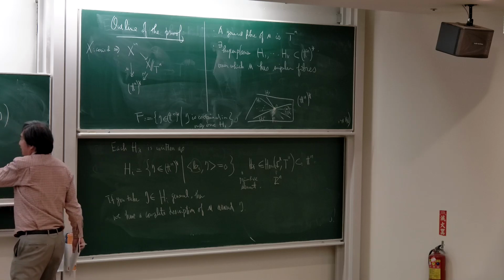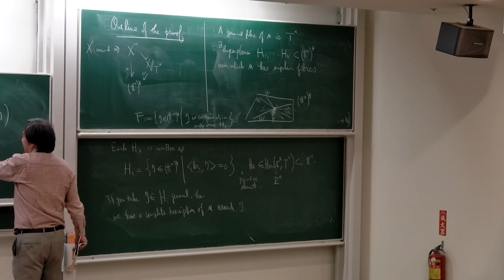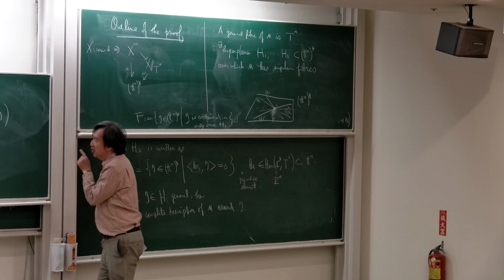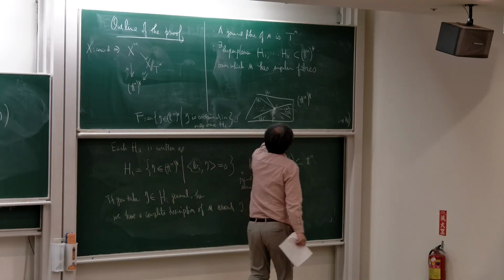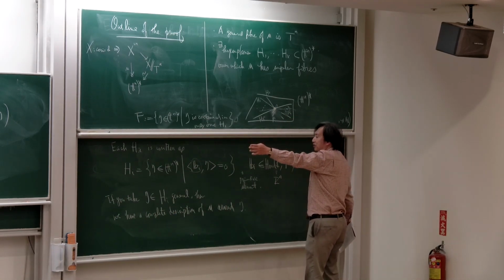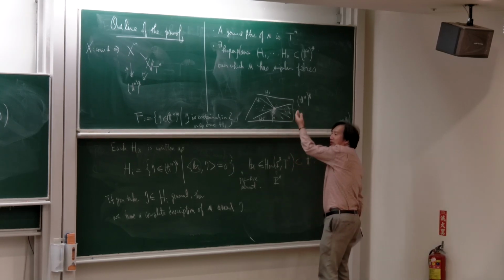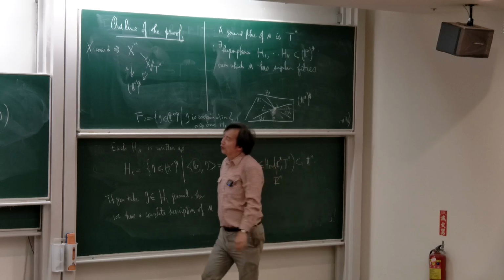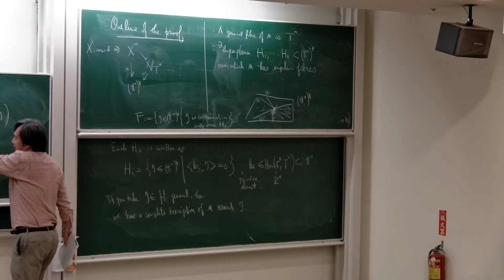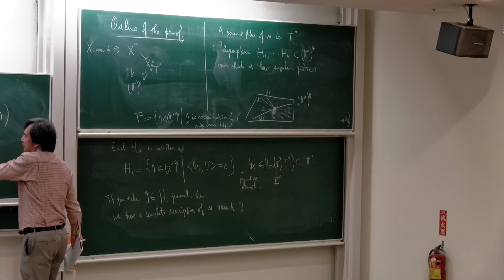So the discriminant locus is the same. One can check that. And moreover, for such a point, if you exclude F, then on such a point, the local structure is the same. So this is only the gluing problem of the local structures.